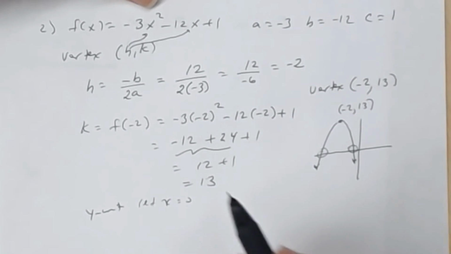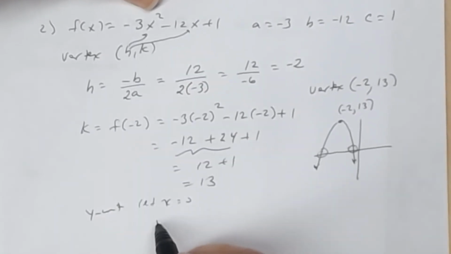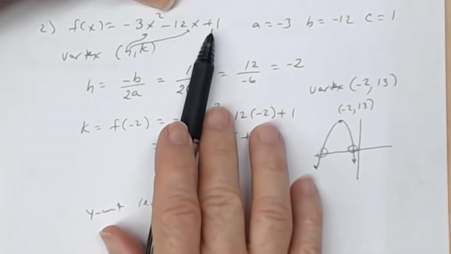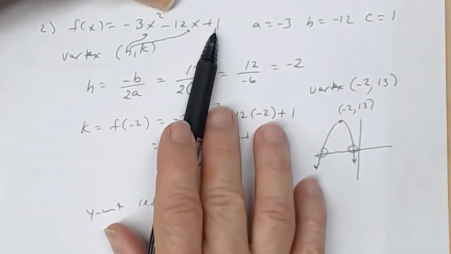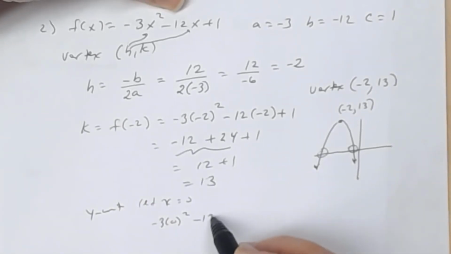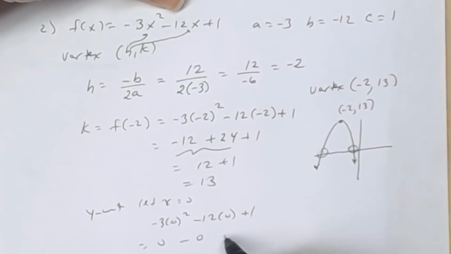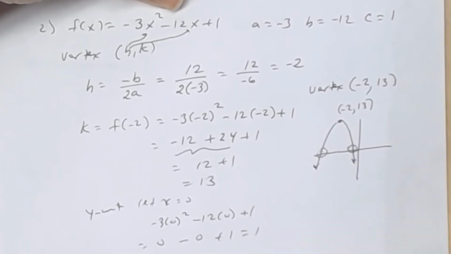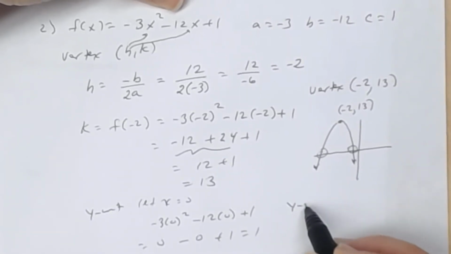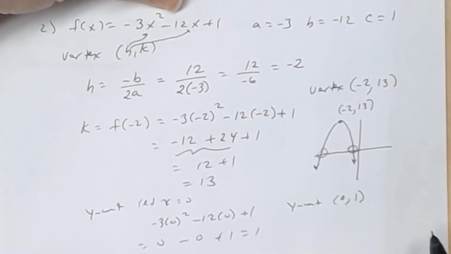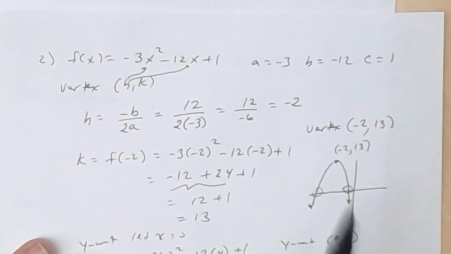So basically, you'd say negative 3 times 0 squared, but you don't have to do that step, because you now know that in standard form, the y-intercept is your constant, c, which is 1. Minus 12 times 0 plus 1, so you get 0 minus 0 plus 1, which is 1. So there's your y-intercept. So your y-intercept is (0, 1), which is c.